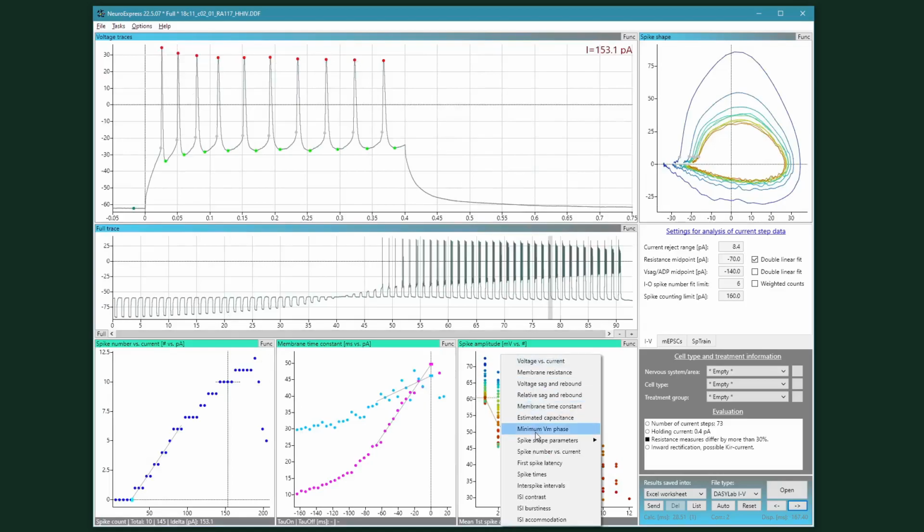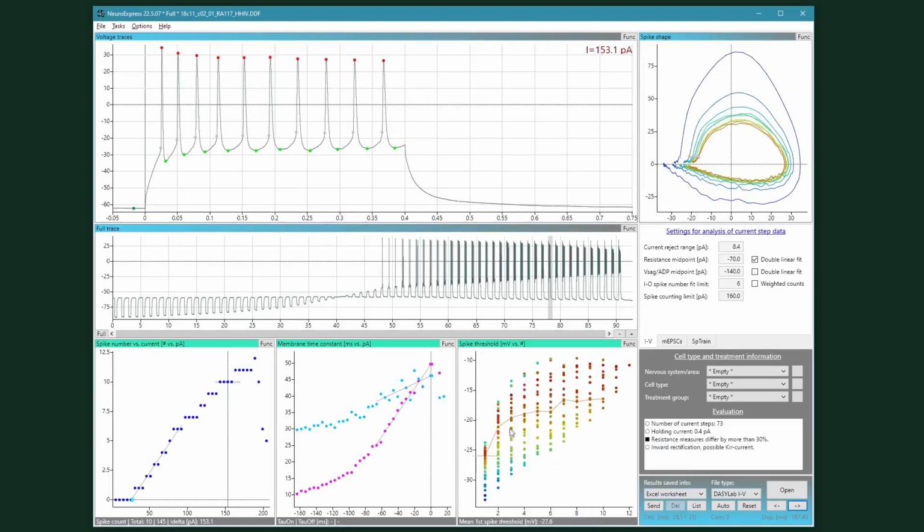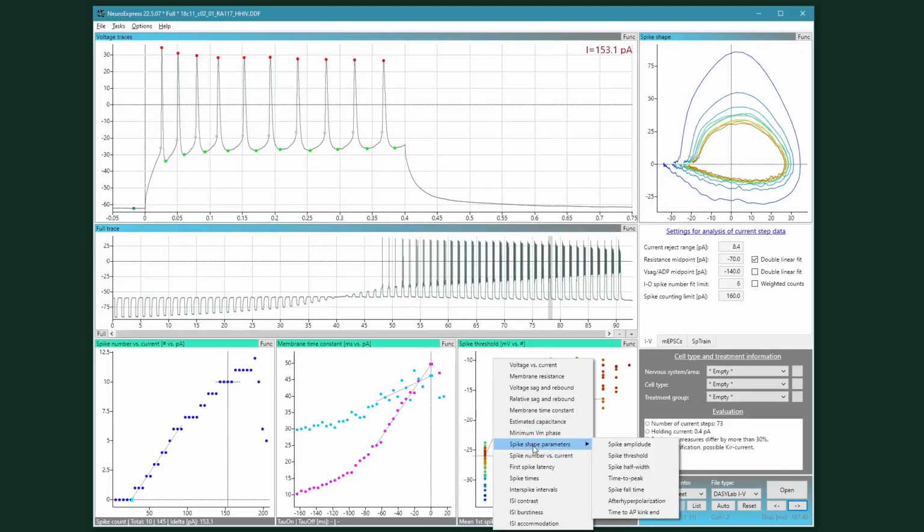We can also display spike threshold. These values usually go higher and higher, so the spike threshold membrane potential gets a little bit more and more depolarized, and you can see these gray points walking up. That means that the threshold membrane potential gets higher and higher along the current step. This is also normal, and most neurons exhibit this behavior.